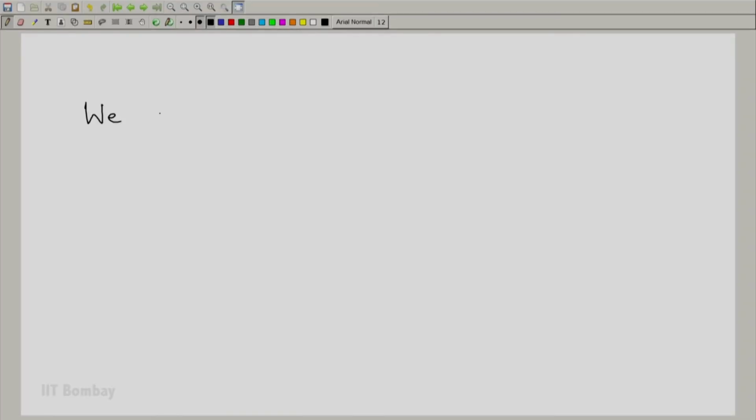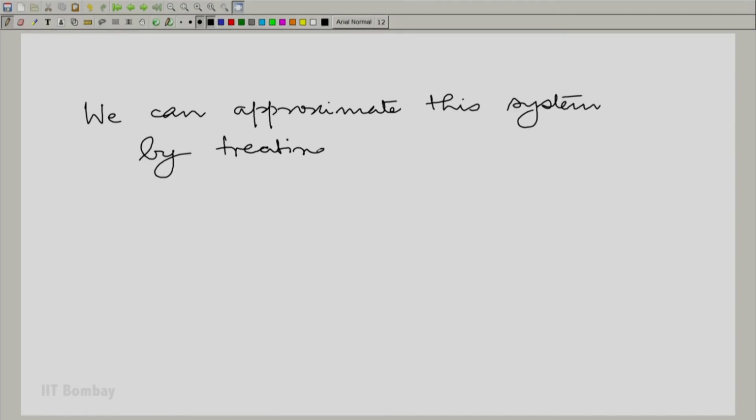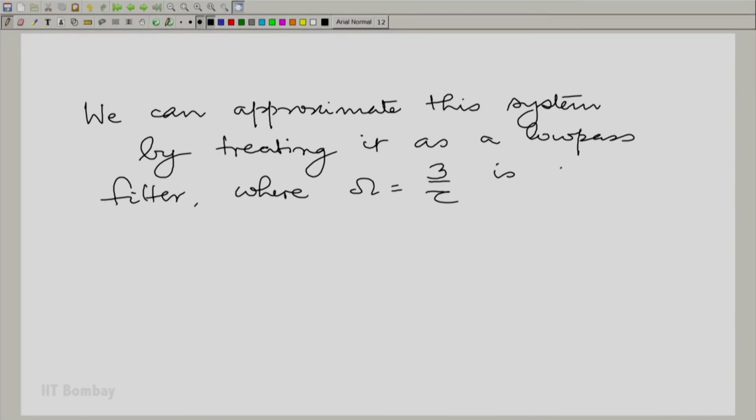Now, you would of course continue, you can find the inverse DTFT and so on, but that is a fairly complicated thing to do. What can be an approximation to this system? We can approximate this system by treating it as a low pass filter where omega equal to 3 by tau is well into the stop band.